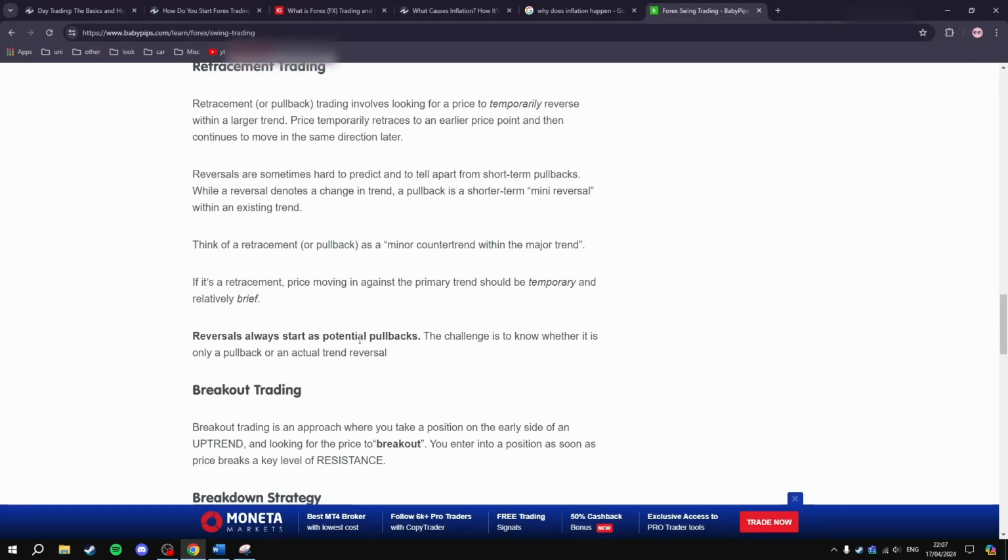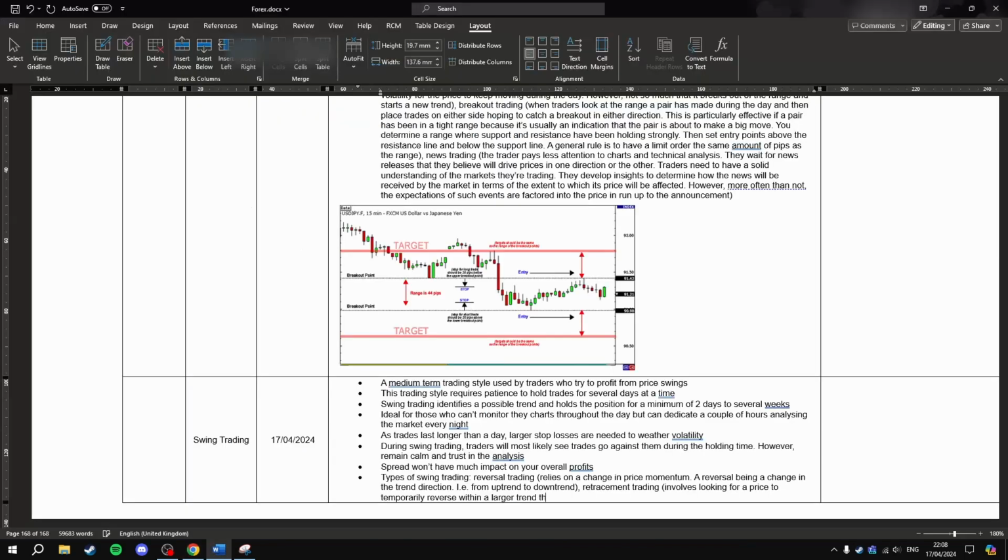Price temporarily retraces to an earlier price point and then continues to move in the same direction later. Reversals are sometimes hard to predict and tell apart from short-term pullbacks. While a reversal denotes a change in trend, a pullback is a shorter-term mini-reversal within an existing trend. Think of a retracement or pullback as a minor counter-trend within the major trend.